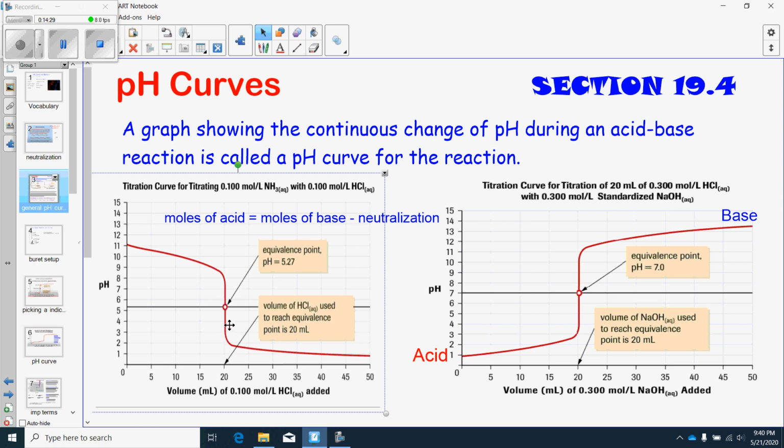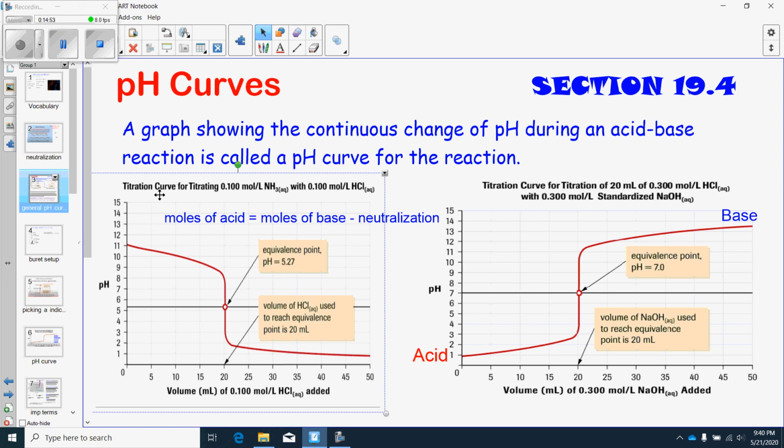How much did you have to put in from that burette? In this case, that's what we put on our x-axis. How much volume are we adding from that burette? Here, HCl was in the burette, so it's your titrant. Here, NaOH was in the burette, it's your titrant.